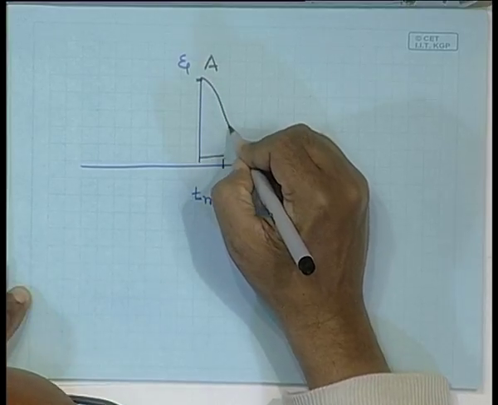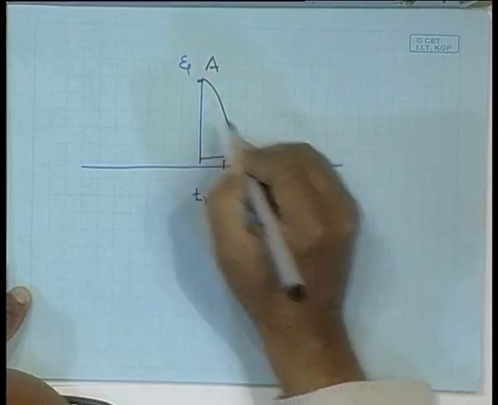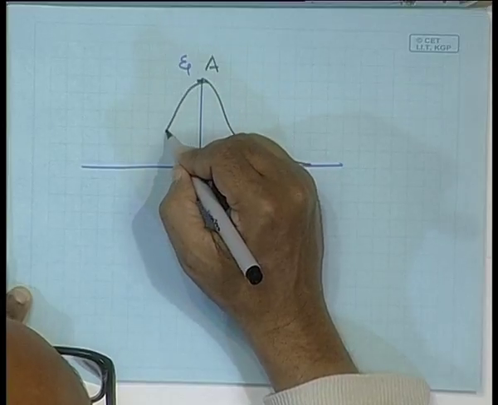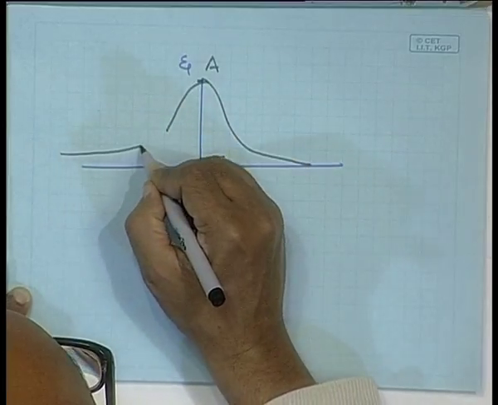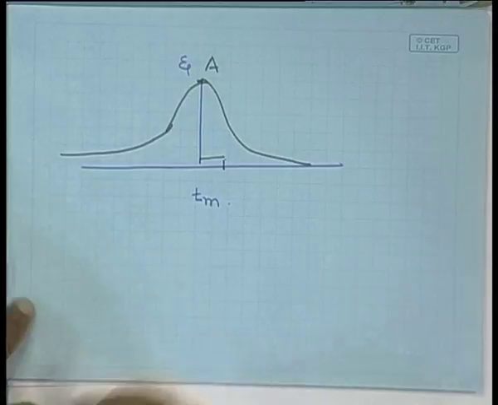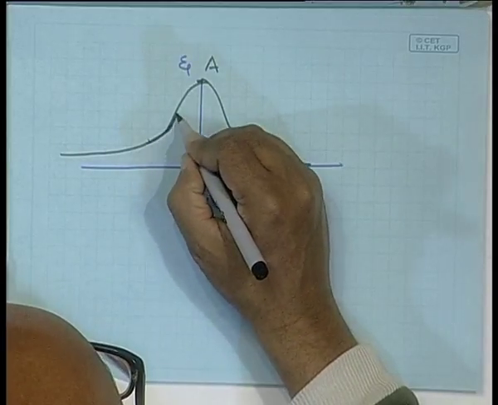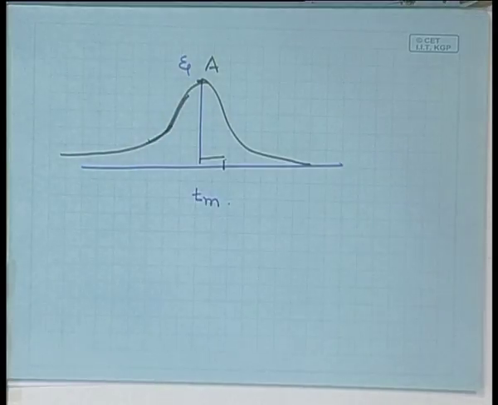So, it falls like this. So, that is the displacement as a function of time at the point x equal to 5.